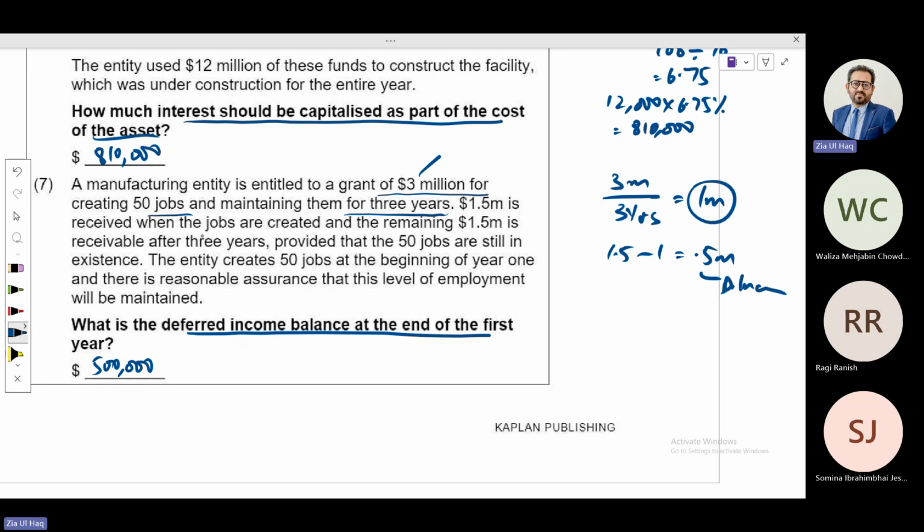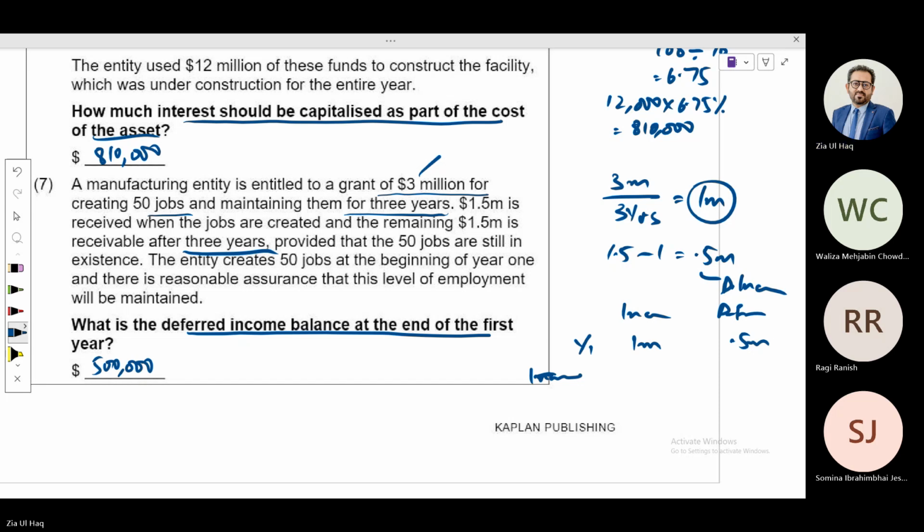1.5 million is received when the jobs are created. So government paid you 1.5 million in year 1. And the remaining 1.5 million is receivable after 3 years. This means in year 1, your income will be 1 million and 0.5 million will be your deferred income.